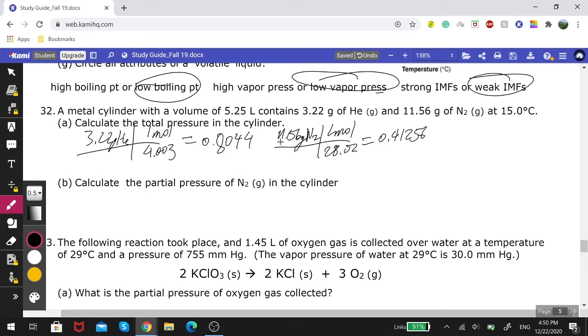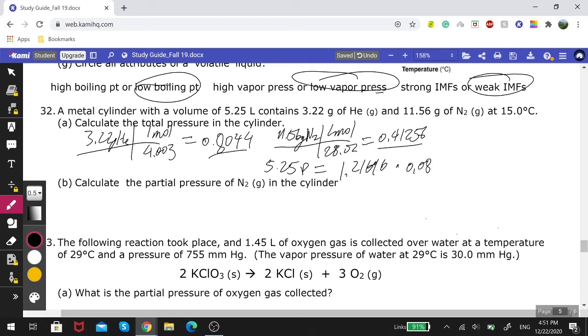Now, okay, that's it. So we have PV equals nRT. We need the pressure. P is pressure, volume is 5.25. P is equal to n, number of moles, which is this plus this, 0.8044 plus 0.41256, which gives us 1.21696. And let's use atmospheres, since it didn't ask us which one to use.